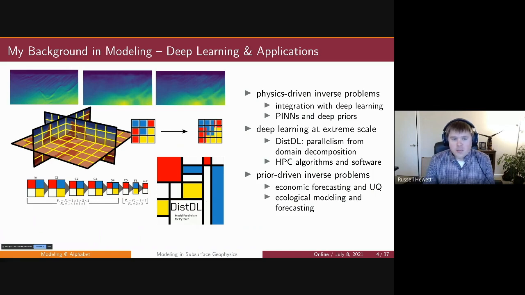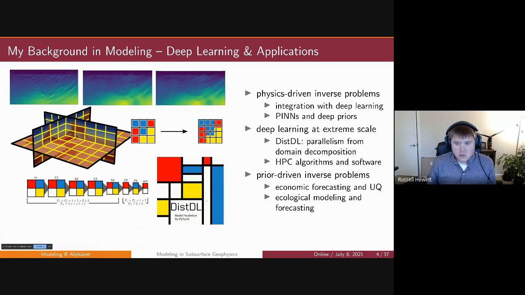But I'm interested in how these physics-based problems unify with deep learning and neural network type approaches, both at the mathematical and the physical level, but also at the computation and the software framework and interacting with computers level. And then I'm interested in extending these ideas to domains where the physics is not so easy to pose.